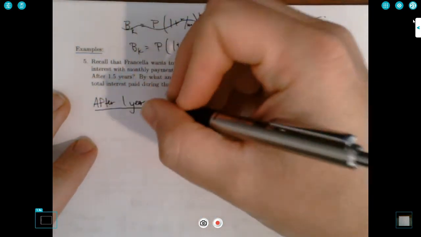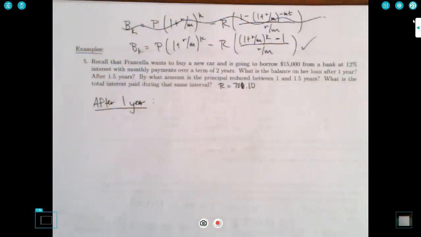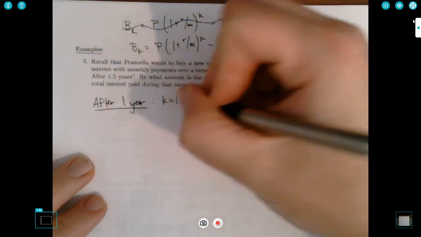So after 1 year, well, she makes monthly payments, right? She's making monthly payments. So after 1 year, K is 12, right? She's made 12 payments.